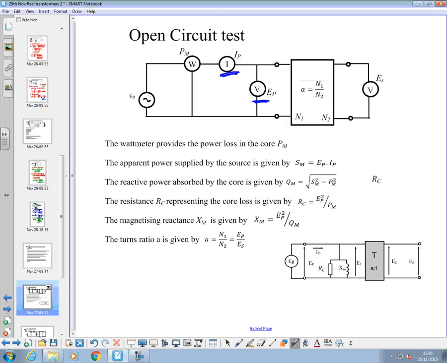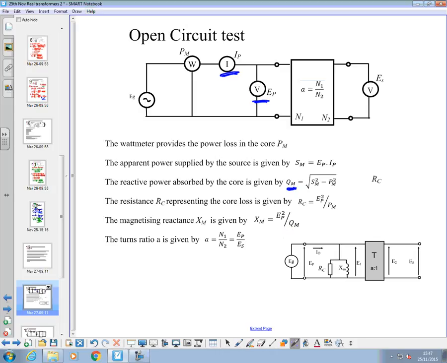We can then find the value of the resistance, RC, representing the core loss, from the primary voltage squared over the measured power. So that gives us RC. And we can find the magnetizing reactance from the voltage squared over the calculated Q for magnetizing.